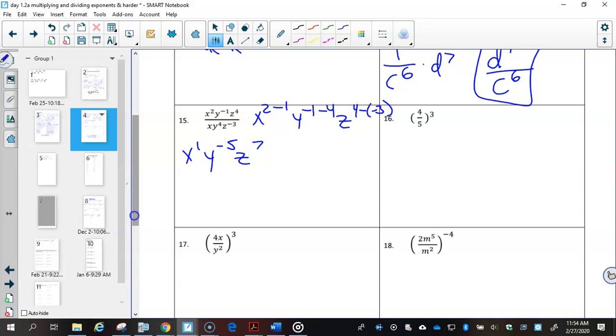This would not be our final answer because we have a negative exponent. This would become 1 over y to the 5th. What would our condensed fraction look like? Correct.